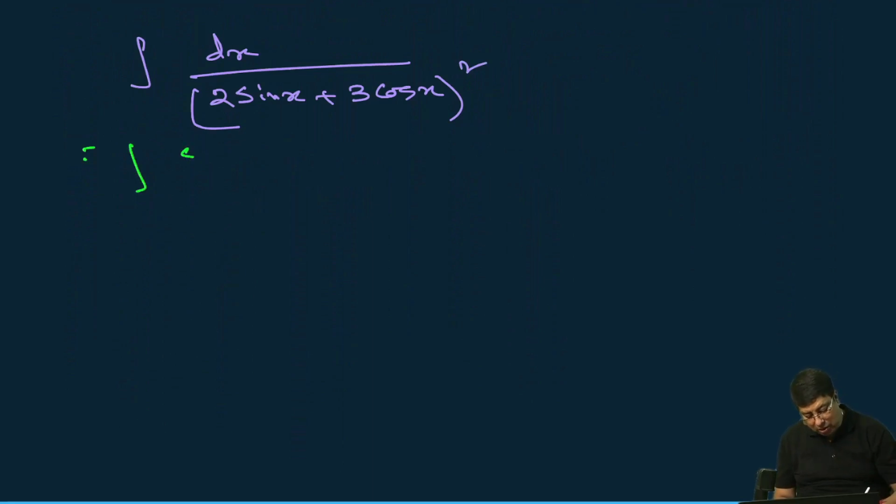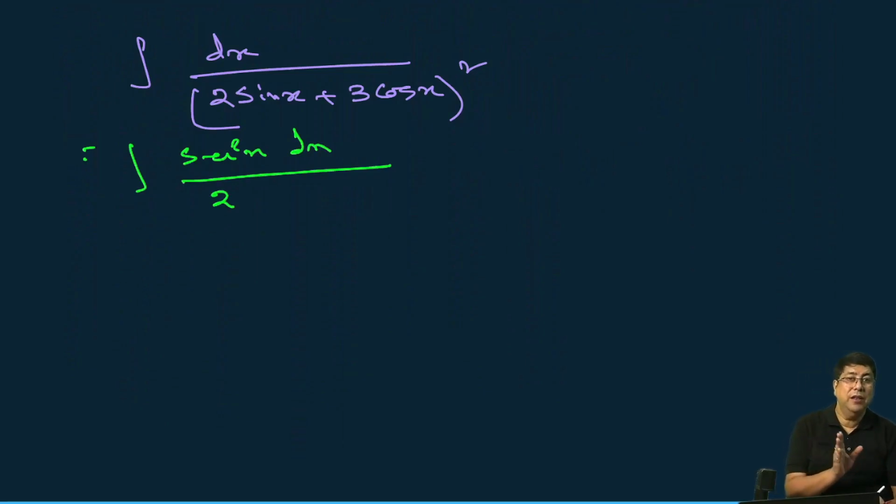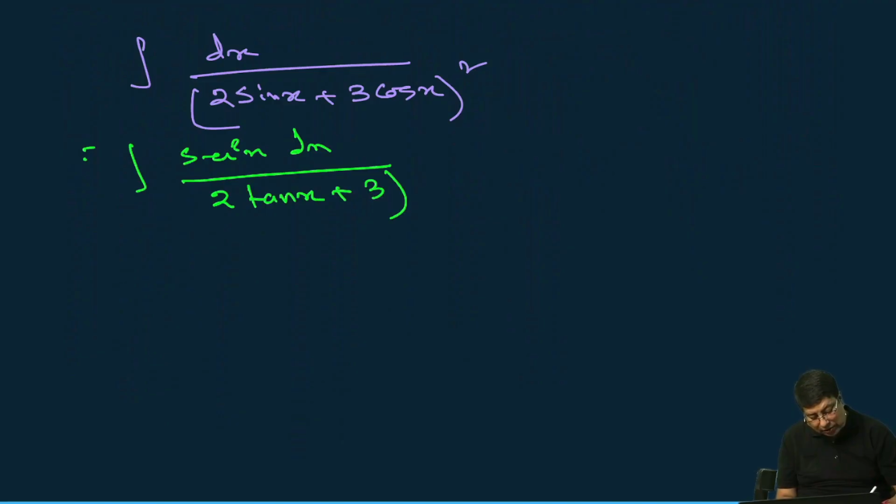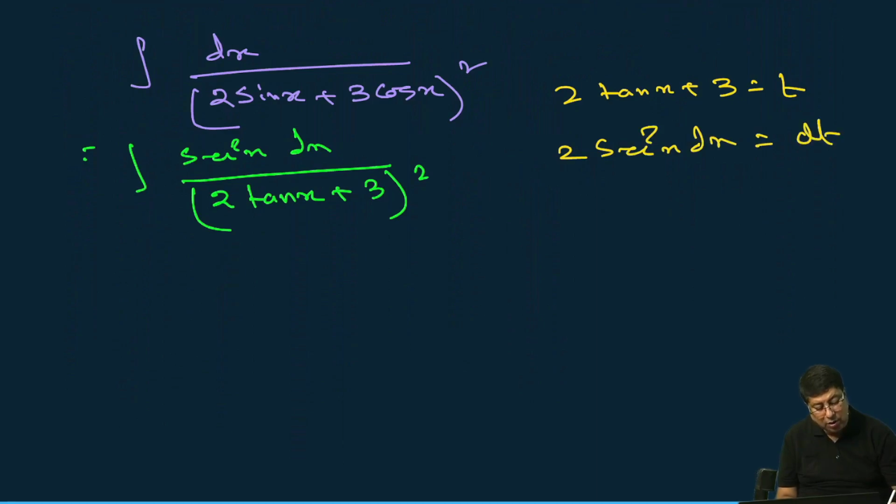So integration of sec square x dx, that is 2 sec square x will enter in the form of sec x in the whole square. Okay. Therefore, 2 sin x sec x is tan x, 2 tan x plus 3 cos x sec x is 1. So directly I can take 2 tan x plus 3 equal to t. So 2 sec square x dx equals dt.